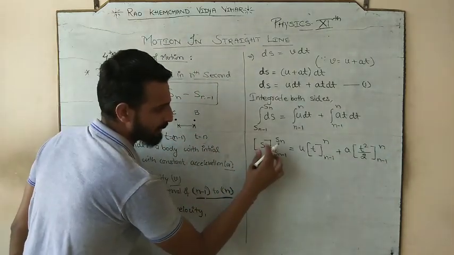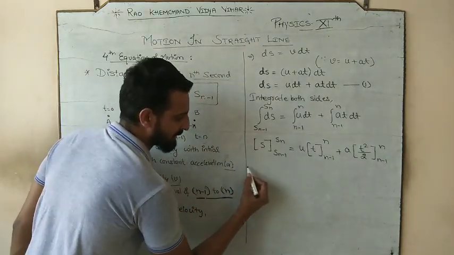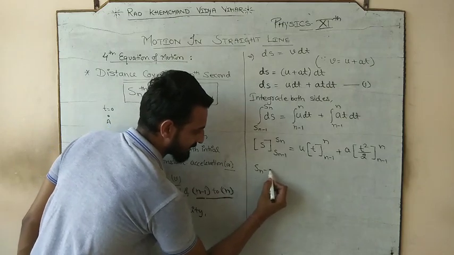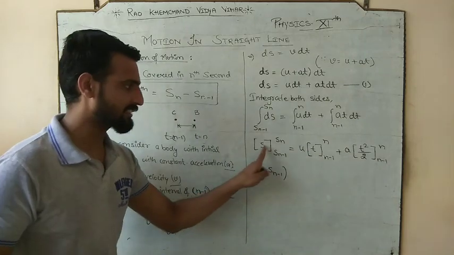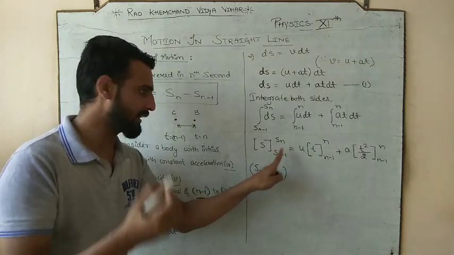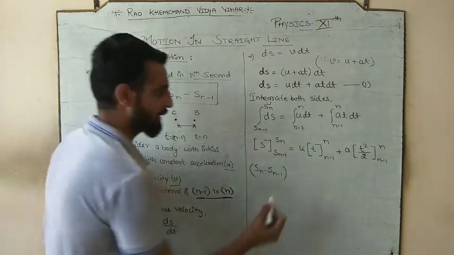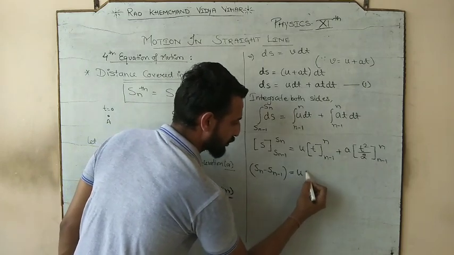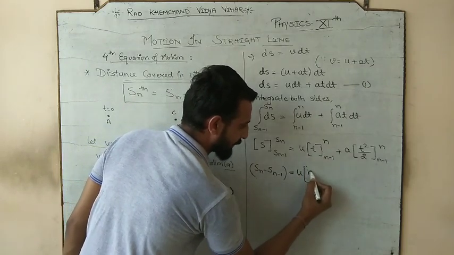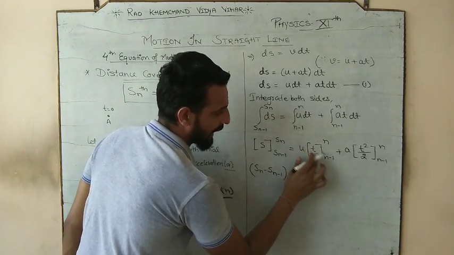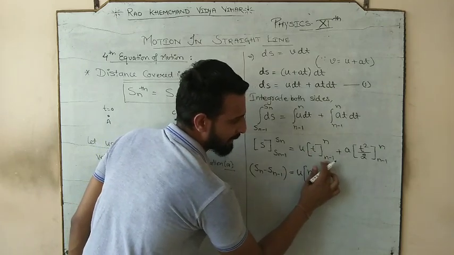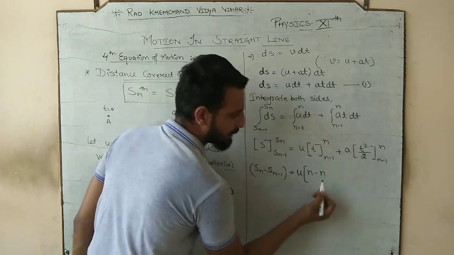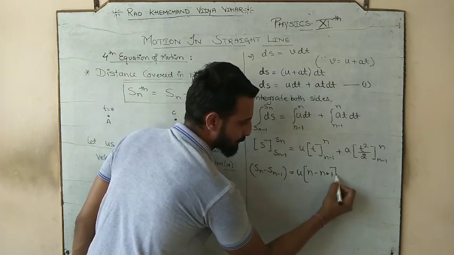So how to solve the limit? First of all, S will be replaced by the upper limit Sn minus the lower limit Sn minus 1. Similarly here, t will be replaced by n minus, now t will be replaced by n minus 1. So when t is replaced by n minus 1, n becomes negative and 1 becomes positive.